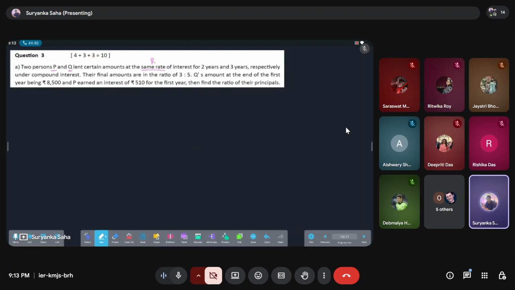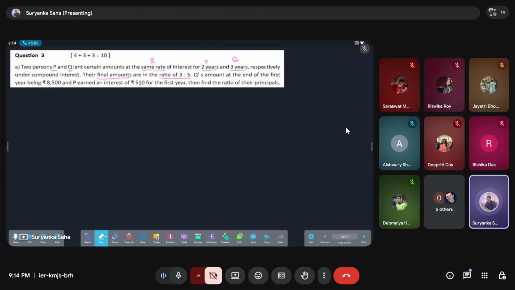For P it is for 2 years, and for Q it is for 3 years. Respectively, they find their final amounts are in the ratio of 3:5.